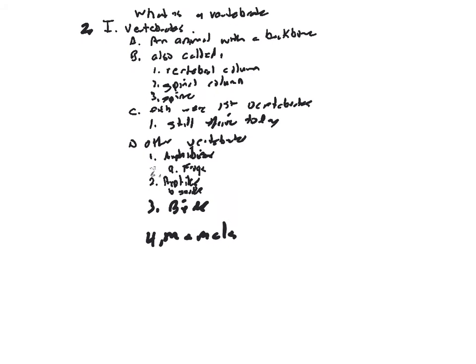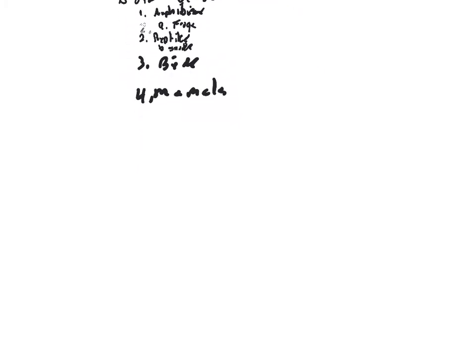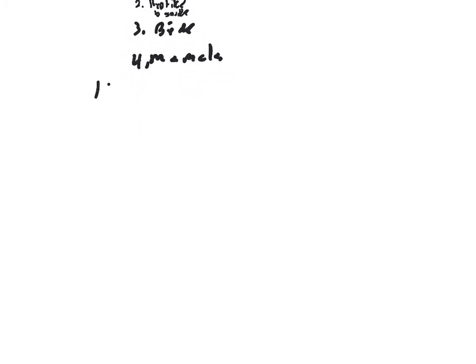So then I would go to the next piece of information, which is the chordate phylum, and I would go Roman numeral 2. And I'd write out the chordate phylum. Vertebrates are a subgroup of the phylum Chordata. So we would go and write something.